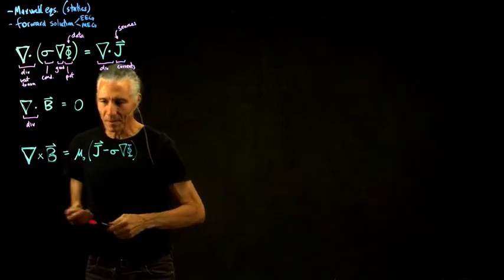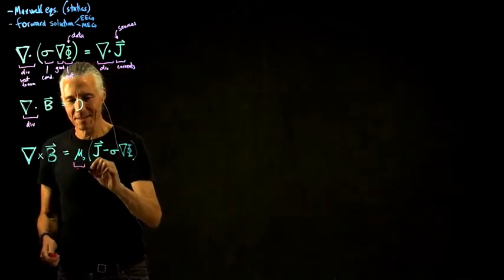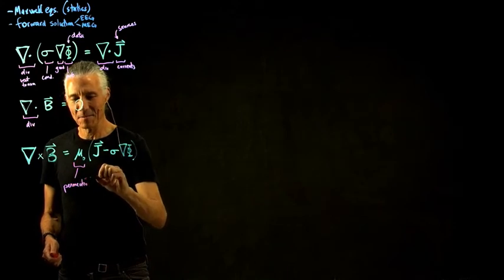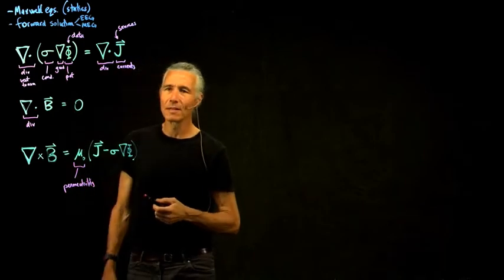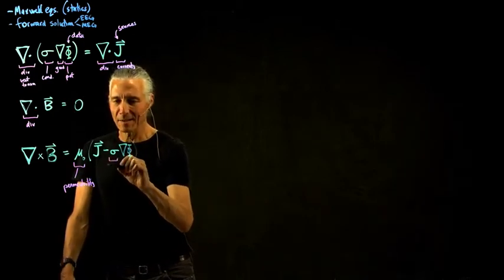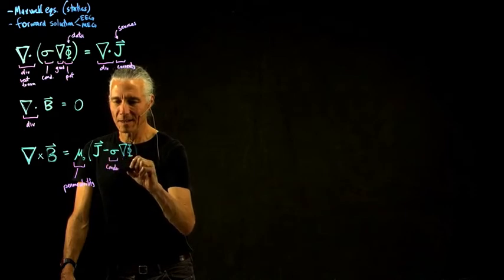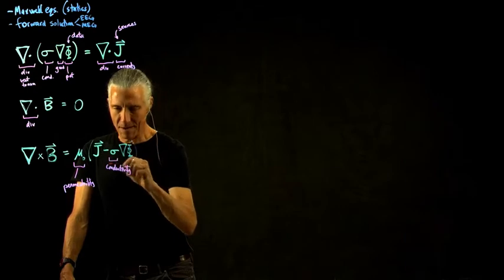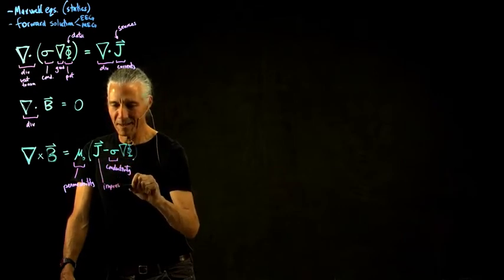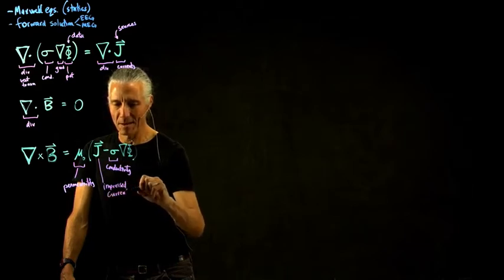This one is called the permeability, meaning how easy it is for magnetic fields to get into the substance. And this is the conductivity again. And these are our impressed currents. This is our data again, I mean our sources.